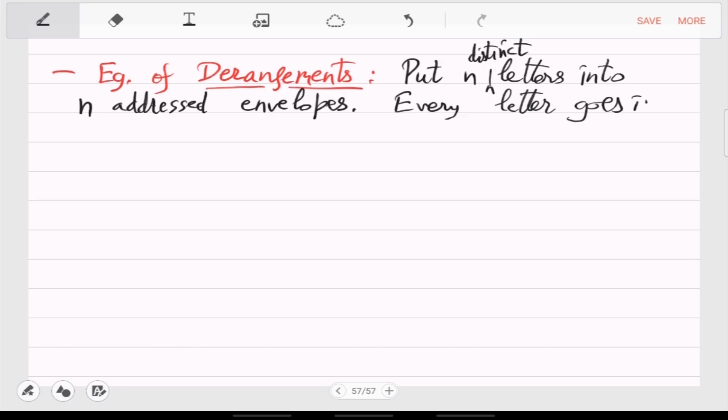Every letter goes into a wrong envelope. So basically you have to count how many such arrangements are possible. Okay, so what is the size of derangements? So how do you apply the formula? What is the set A sub I?